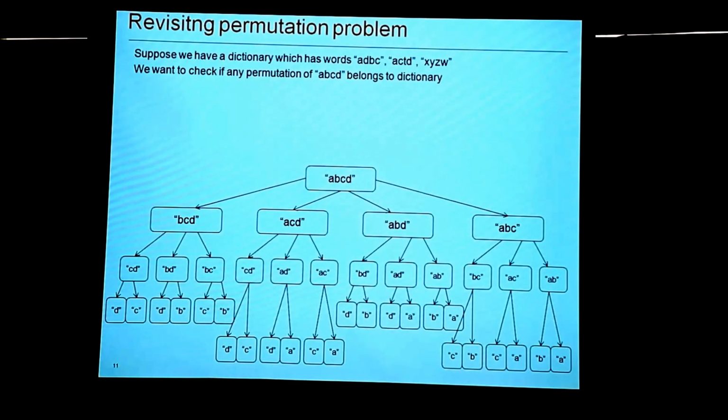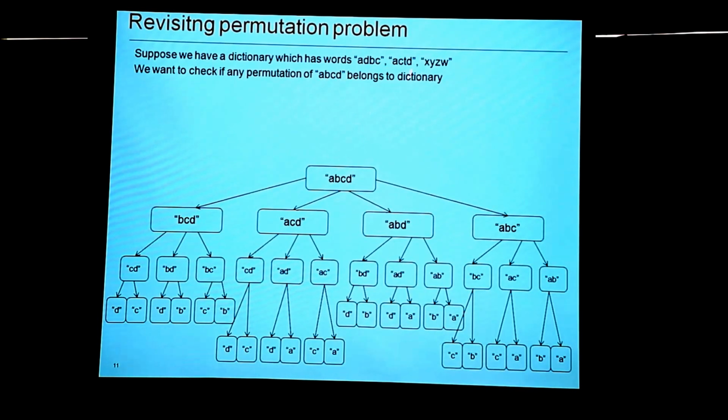Right. Just revisiting the permutation problem. Suppose the original problem is that you are not asked to generate all possible permutations of ABCD, but rather you are given a dictionary with some numbers, and we want to check if any permutation of ABCD belongs to the dictionary.